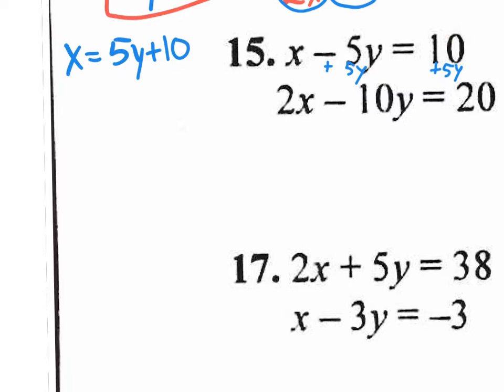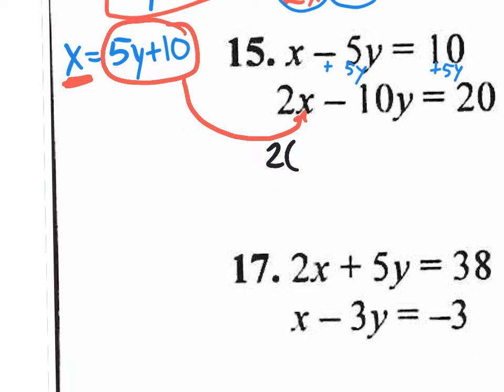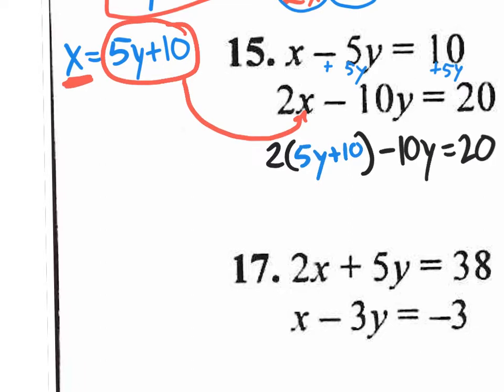Now, the second step is to plug in that algebraic expression into the equation you have not used. And because it says x equals 5y plus 10, I'm going to plug in to the x position. So my new bottom equation will read 2 parenthesis, and let me make that parenthesis a little bit bigger. I'm plugging the 5y plus 10, and then I still have the minus 10y equals 20.